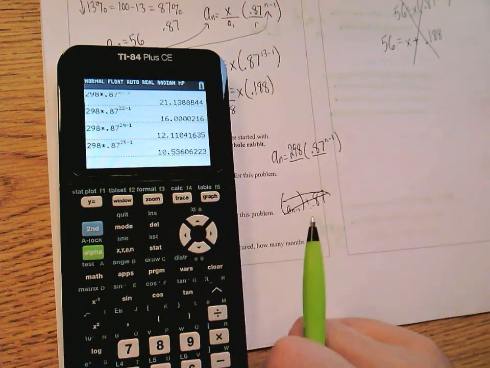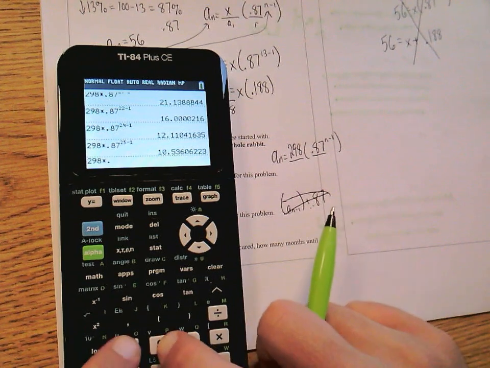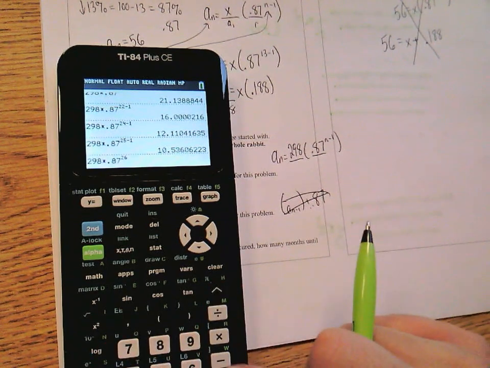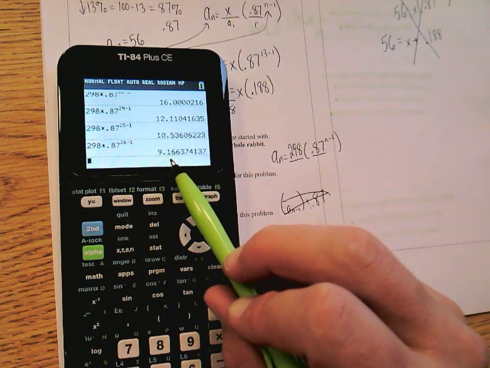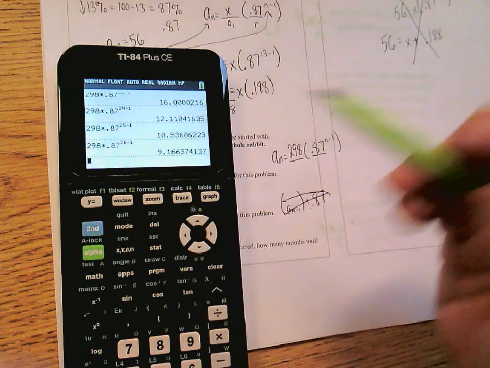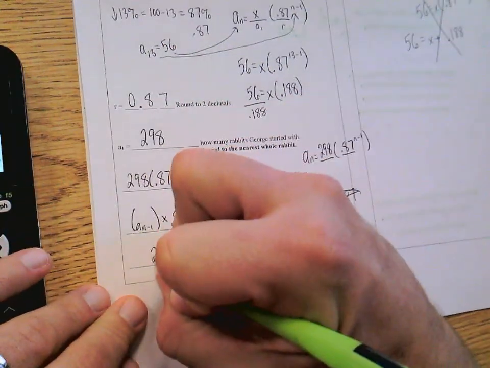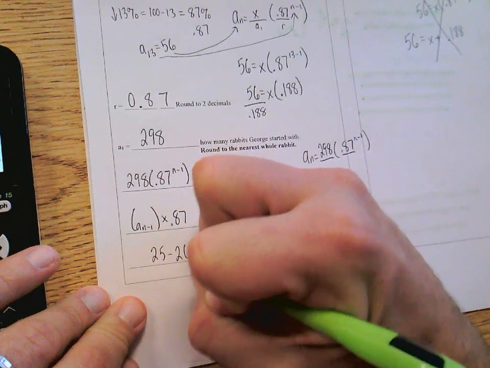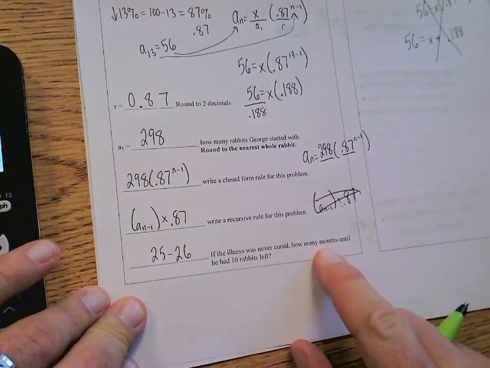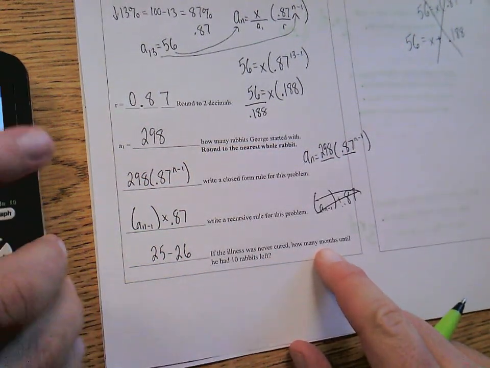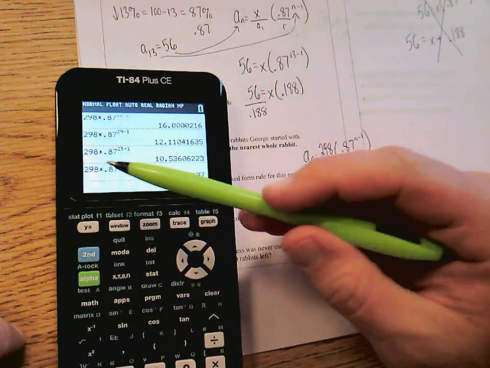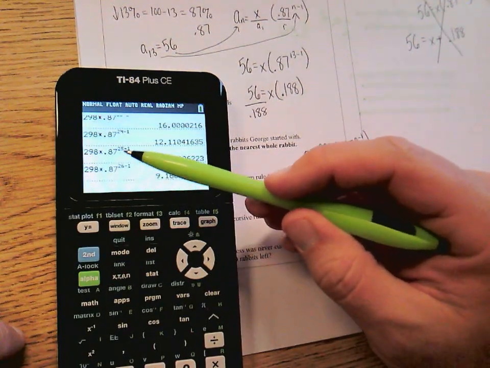So that means 298 times 0.87 raised to the power of 26 minus 1. There we are. Between 25 and 26 months. There you go. So notice what I did here. I basically just plugged and chugged until I found 10 and 9.